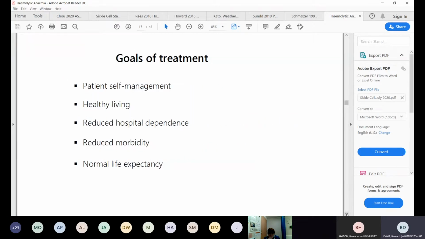So we try very hard to encourage patients to self-manage their condition, to live healthily, not to be hospital-dependent patients. Now, sadly, some patients don't succeed, but the vast majority do live very, very fulfilling, independent lives. And let me pause here by saying that in your practice, you come across patients who are frequently in hospital.